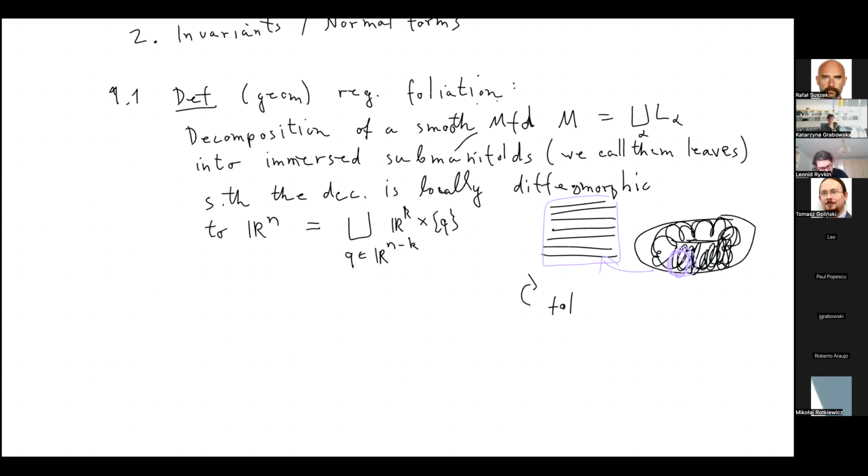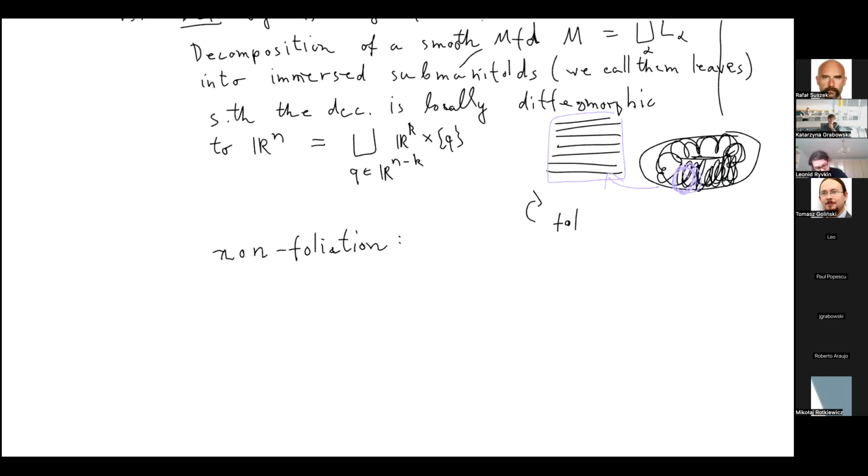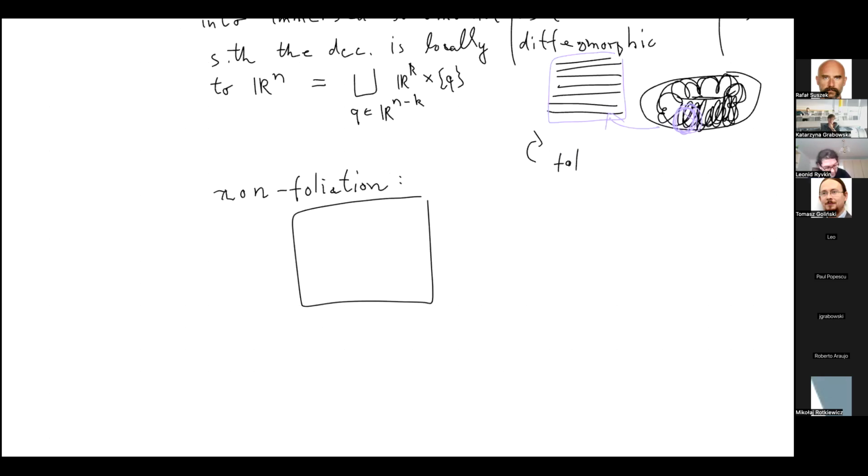A non-foliation is if we take R2 and we take one vertical line as an immersed submanifold, and then we take the half lines horizontally to both sides of it.